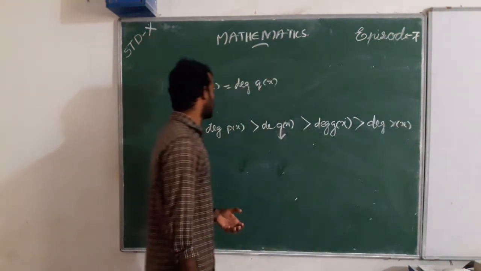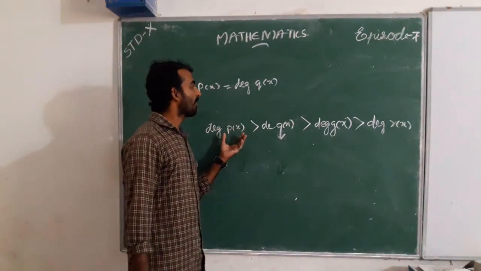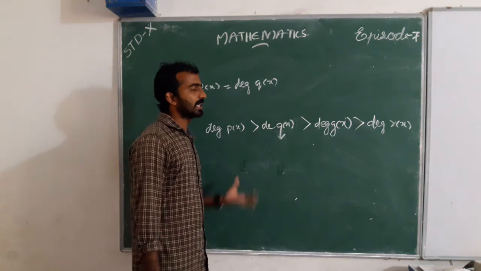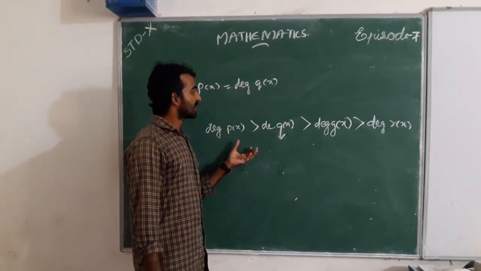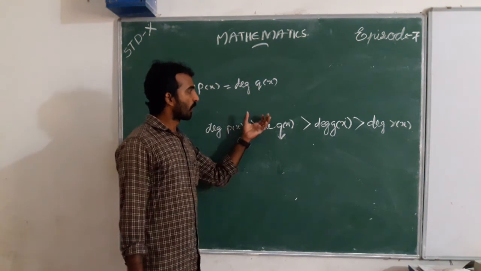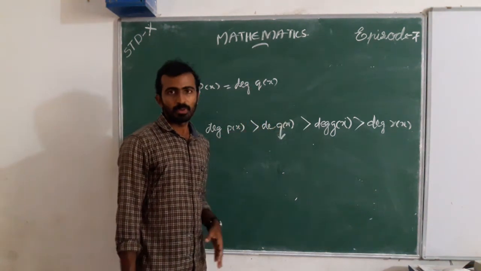Is it correct? Yes. When we divide a polynomial, the dividend by the divisor, the degree of the dividend is higher, and the next one is the quotient.